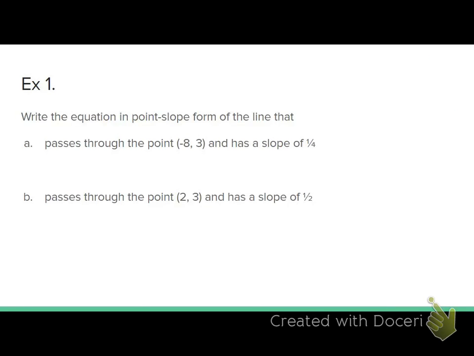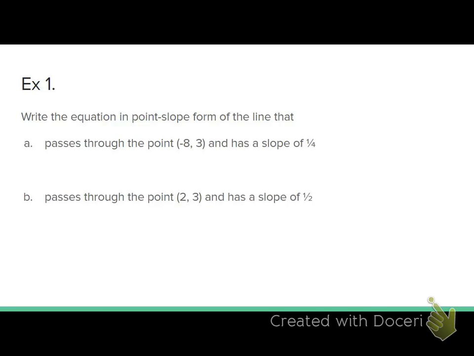For example 1, kind of like last week, we're going to start off with the easiest type of examples, and they'll get a little more challenging as we go through them. So for these, they give us a point, (-8, 3), and they give us a slope of 1/4.